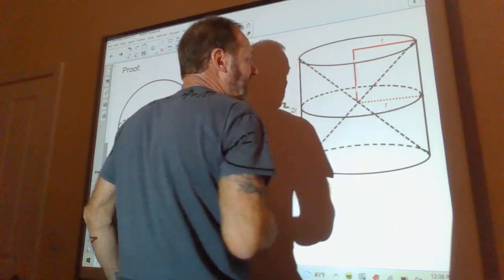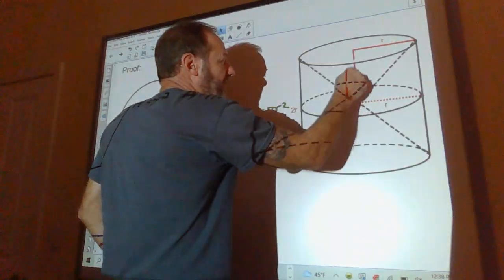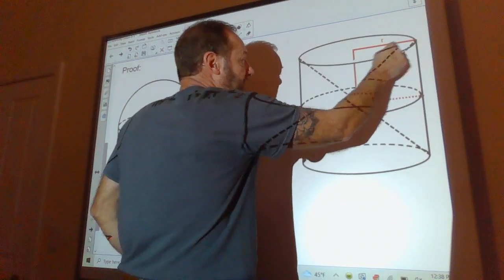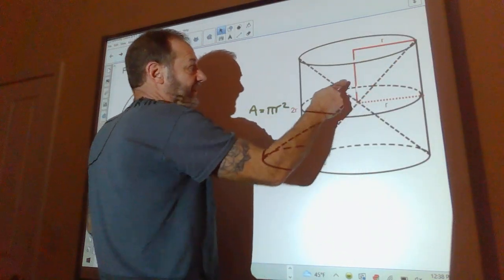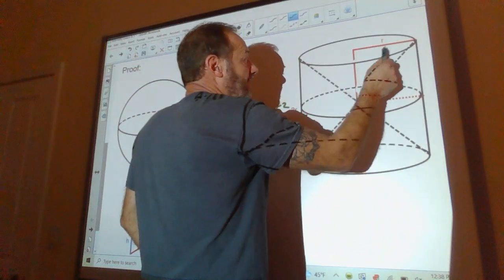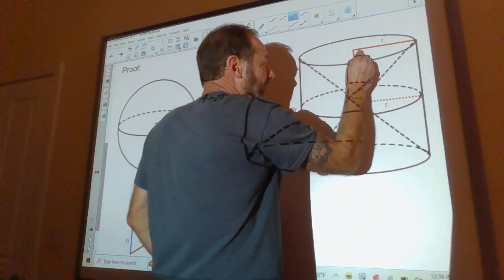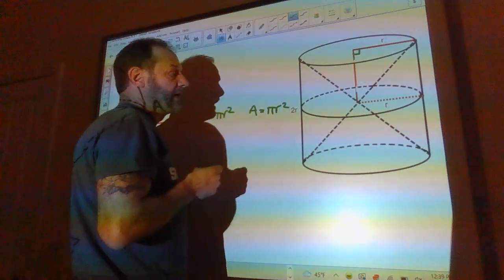Okay, so if we look at this, this right here is r, and this right here is r. That tells me that that triangle is going to be an isosceles triangle, an isosceles right triangle right here. That's going to be a 90-degree angle.